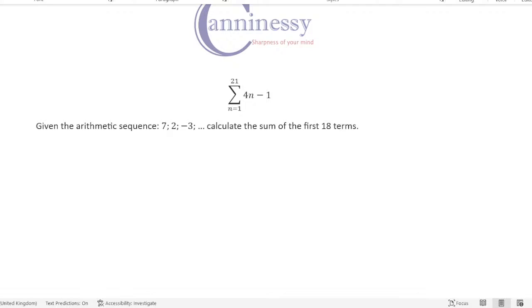All right, two minutes remaining. Given the arithmetic sequence 7, 2, negative 3, calculate the sum of the first 18 terms.